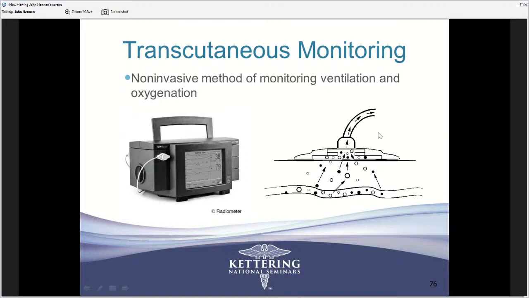Instead of changing it every 4 hours, you may have to change it every 3 hours. That fixes that particular problem. I promise you, they will probably offer you turn the temperature down. But if you turn the temperature down, then they know that you don't understand how this thing is supposed to work. So always choose with a transcutaneous monitor the option of changing the site more frequently to fix the problem of skin blistering.